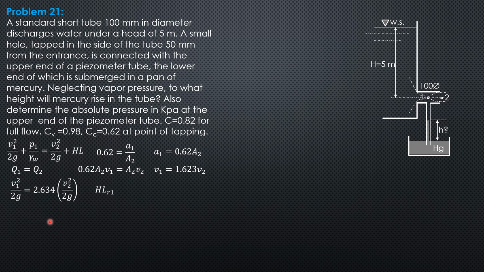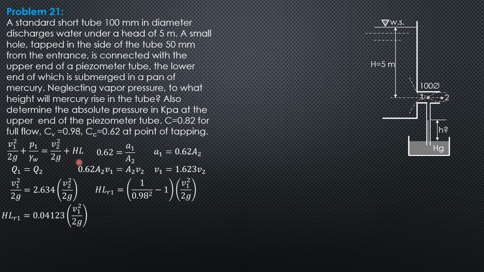So the head loss from reservoir to 1 is 1 over C sub V squared minus 1 times the velocity head at 1. Remember the formula, 1 over C sub V squared minus 1 times velocity head at 1. So it is equal to 0.04123 of the velocity head at 1.